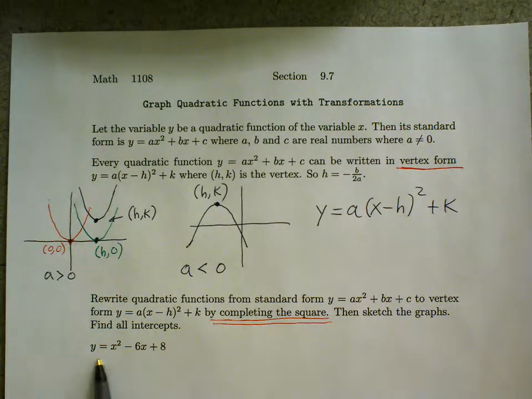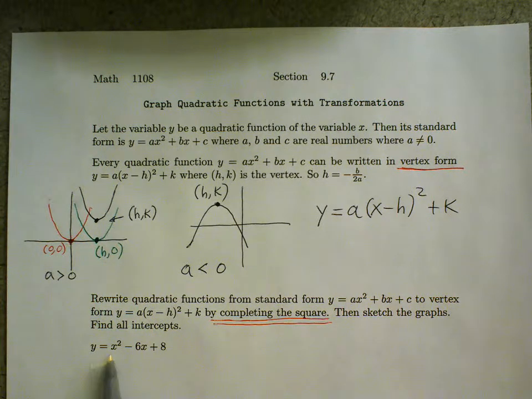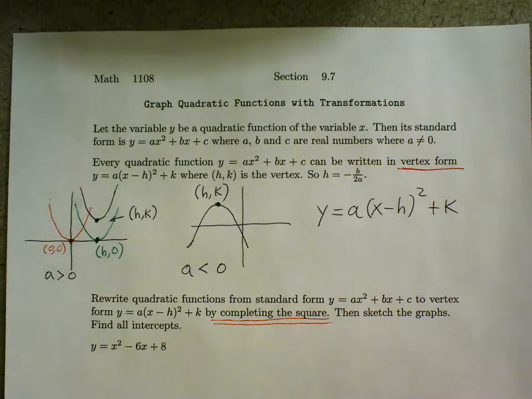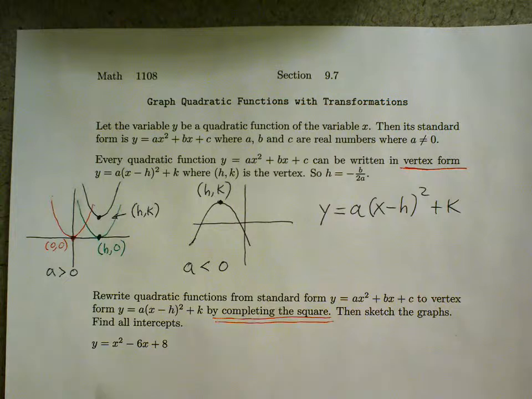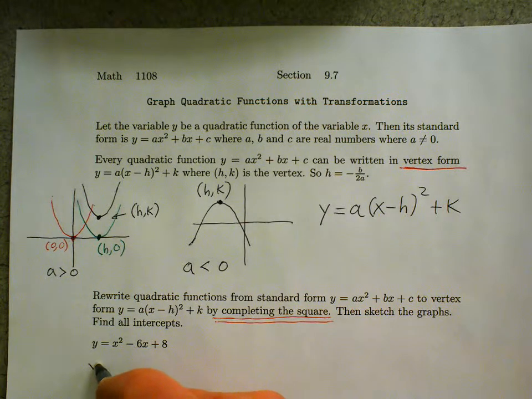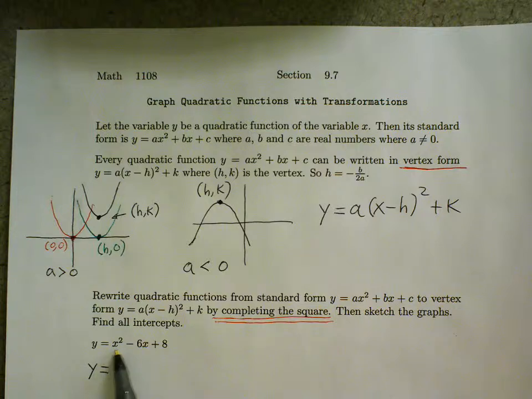Okay, here's our first example. y equals x squared minus 6x plus 8. In the first step, we factor the leading coefficient out of the x squared term and the x term, but not the constant. In this one, the leading coefficient is 1.